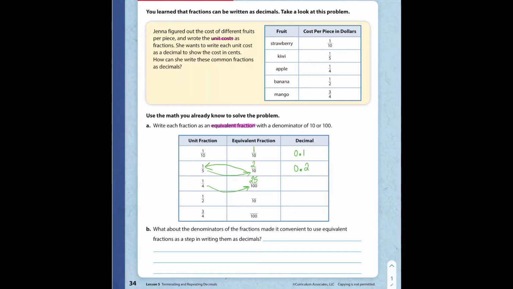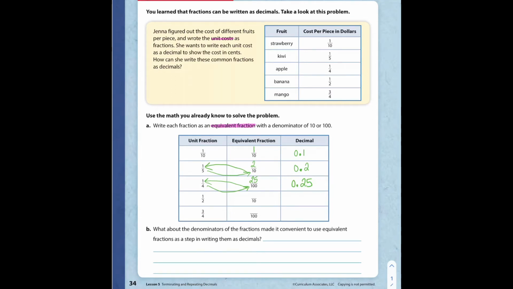That's why we're not using 10 as our denominator. 4 goes into 100 25 times. 25 times 1 is 25. That's how we get our numerator of 25. And we can write 25 hundredths as a decimal as 0.25, because that second decimal place is our hundredths place.